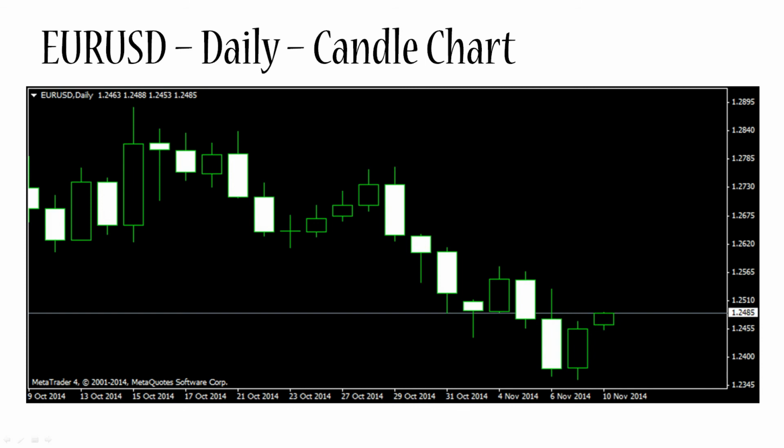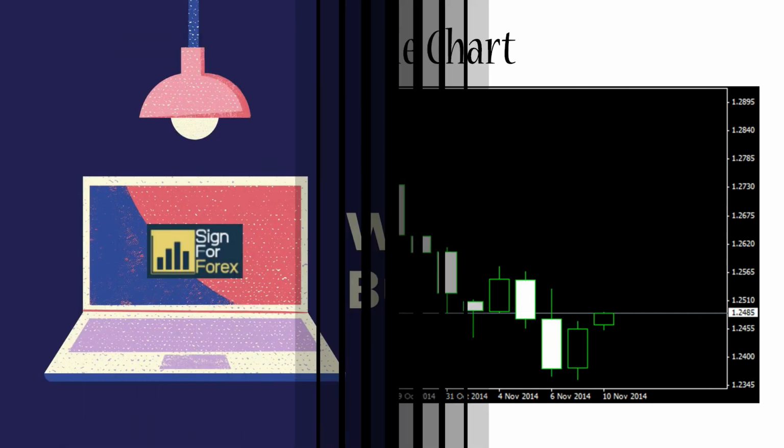And before we finish off this tutorial, I'd like to mention that Forex charts are available not only at the daily level, but at many different time frames. So you could have 1 minute charts, you can have 10-minute charts, you can have 15-minute charts, 30-minute charts, weekly charts, monthly charts, and you can actually have any kind of chart in between because there are special tools to create those charts for you.